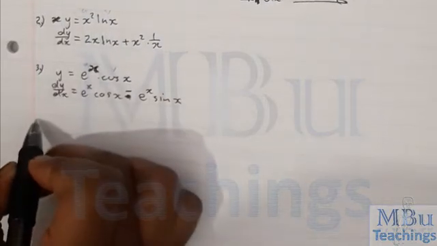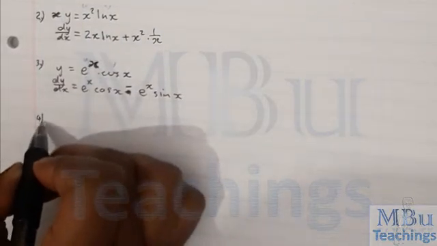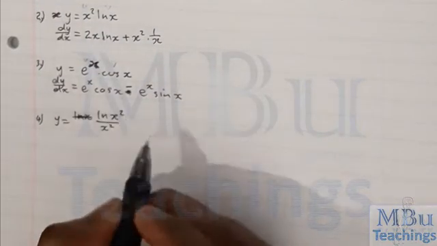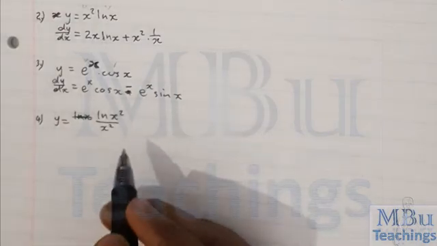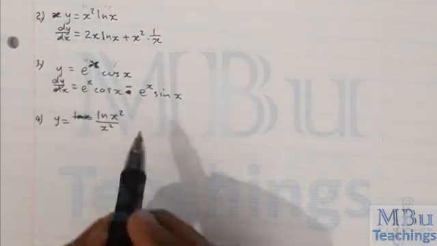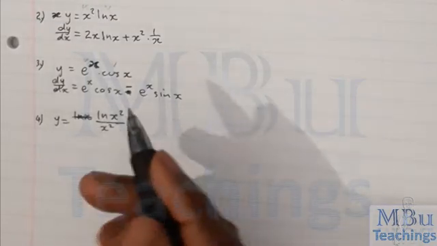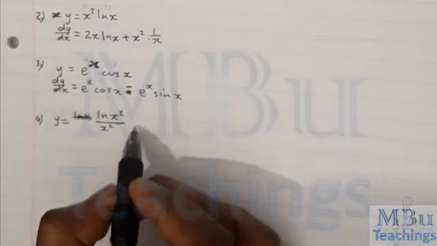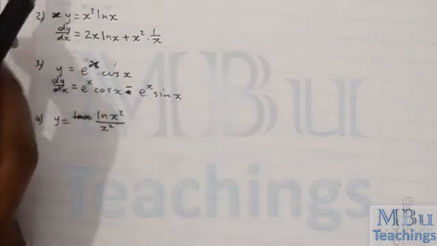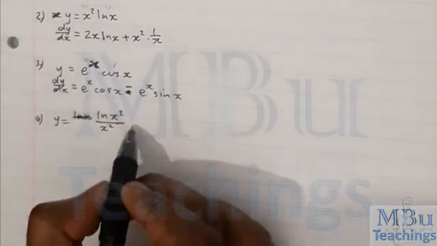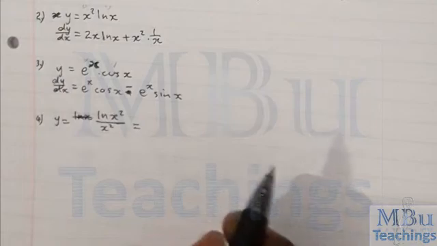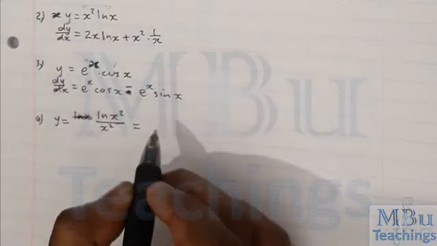You can move further, number 4. Maybe we can even say ln x squared over x squared, so that you can fight with the confusion. Now obviously, if you are told to use the product rule, you have to rewrite this thing. You can't just do it without rewriting.